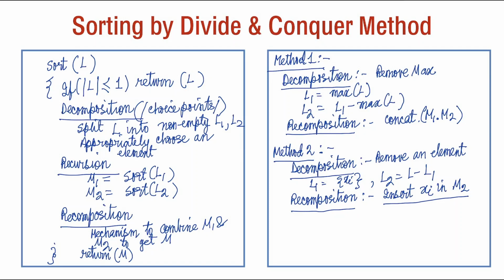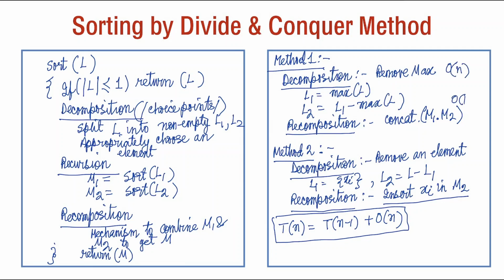Now in both these algorithms, because we had a trivial one element removal, our time complexity turned out to be T(n) = T(n-1) + O(n). In method 1, which was the max based sorting algorithm, the remove max was taking order n time in the decomposition, while the recomposition was order 1.